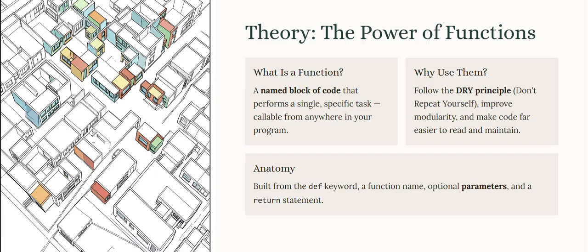First you write the def keyword, then the name of the function, then the parameters that you want, and then a return statement. That is how you write the whole syntax of a function.